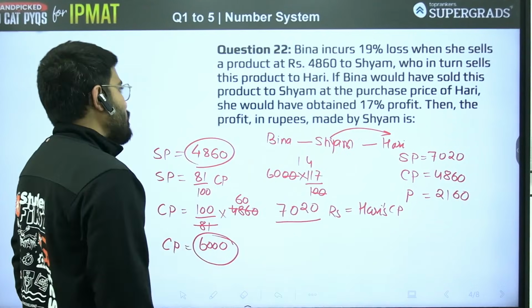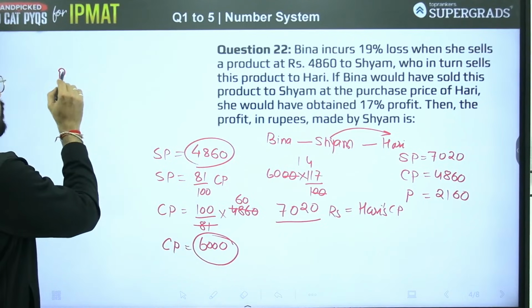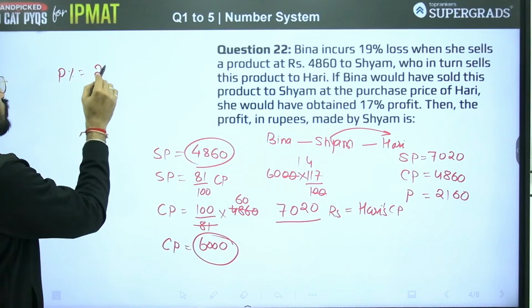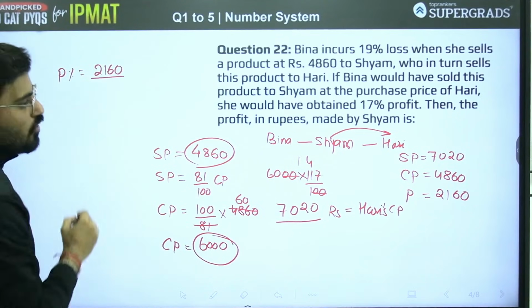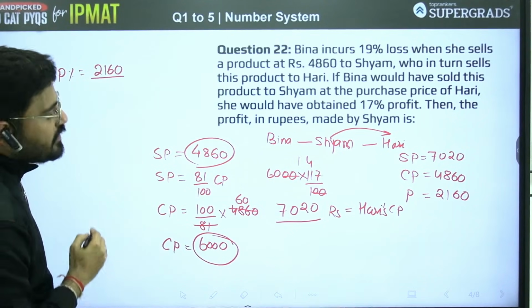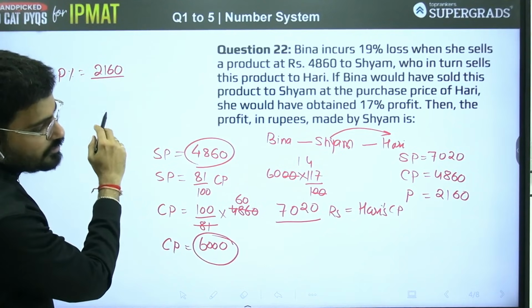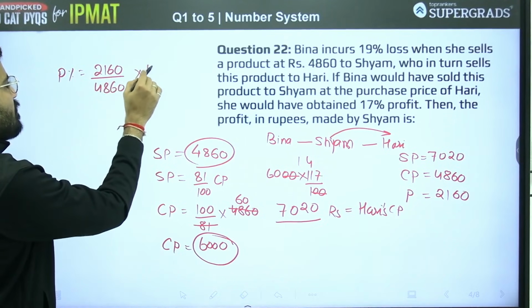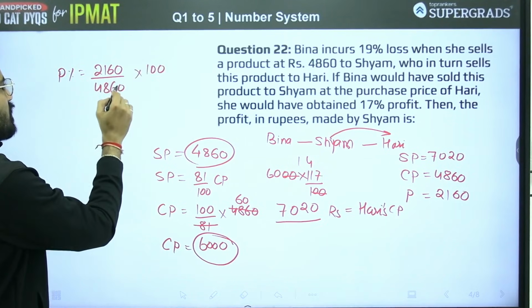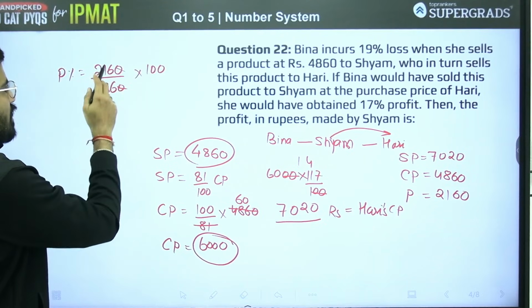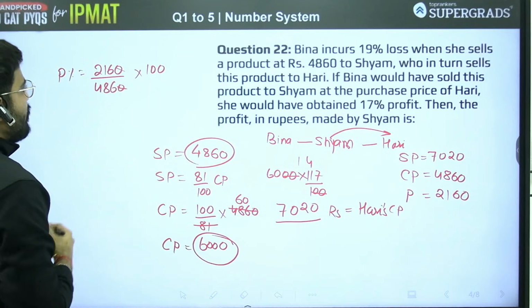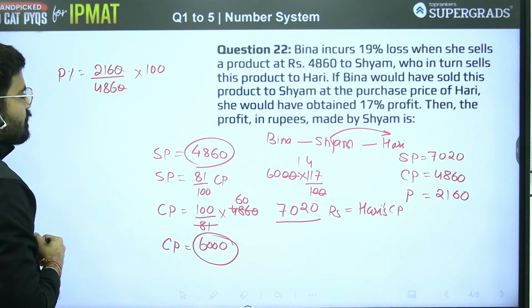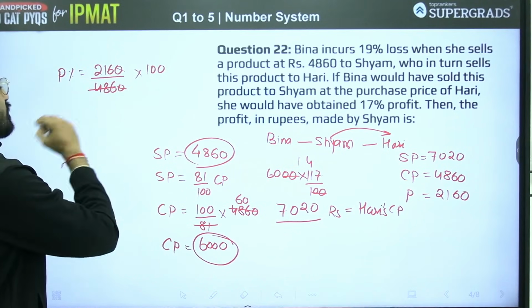So if I have to calculate the profit percent, then profit percent is equal to 2160 upon what was the cost price? 4860, multiplied by 100. Very simple. 0 gets cancelled. Now we have 216, which is divisible by 3. And 6 plus 4, 10 plus 18, this is also divisible by 3.